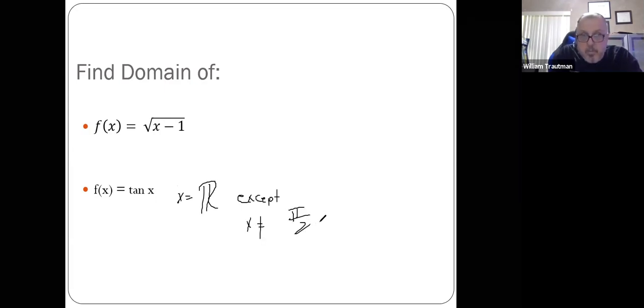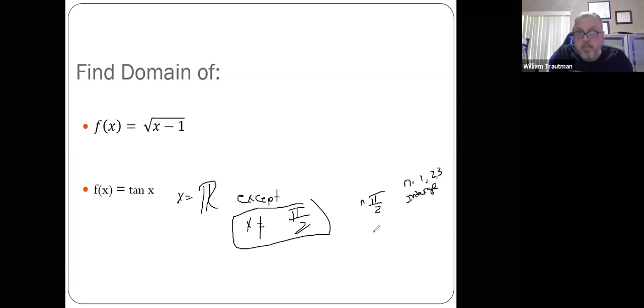X cannot equal pi over 2, or a multiple of pi over 2. There's probably an easier way of writing this. Pi over 2 plus n times pi, where n equals 1, 2, 3, or n equals an integer. Let's put it that way. N equals an integer, because it could be negative or positive.